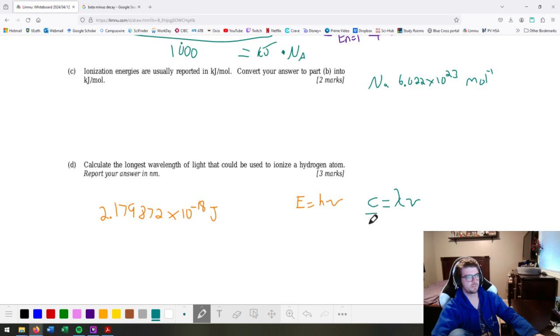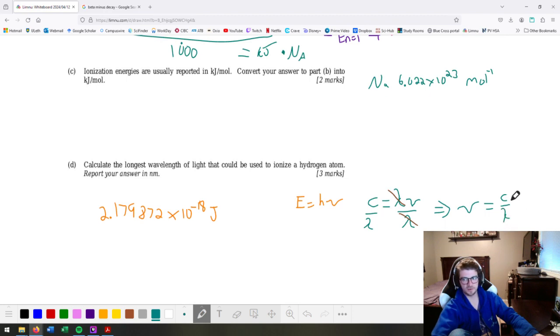If we divide both sides by lambda, we cancel out the lambda, and we're left with frequency equals c over lambda.